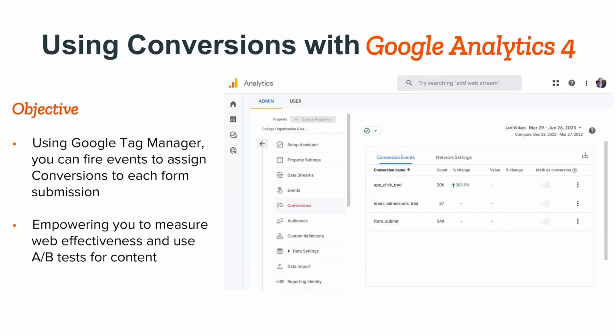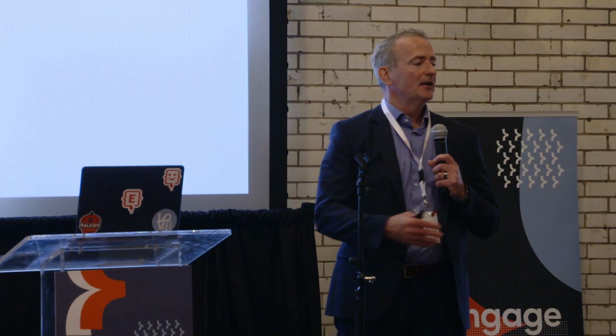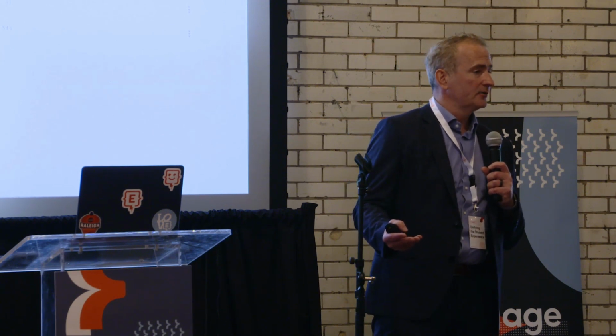And in our Google Analytics instance, on our web analytics, we set that event that we've just created to be a conversion. So this is an example of some conversions that we've specified, form submit being one of them. And with this in mind, all your conversions will show up in your Google Analytics 4 package.